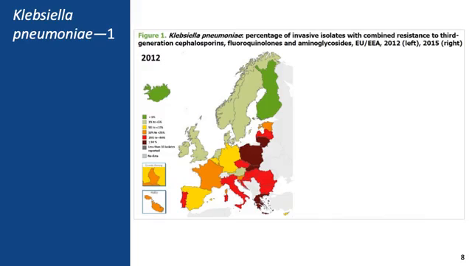So on the left side, you can see the legend for this map. It starts at the top with green, goes down to dark red, and then you have some gray. And if you look at the legend, the green means that less than 1% of the isolates in 2012 from that country were resistant to these 3 antimicrobials listed in the title.